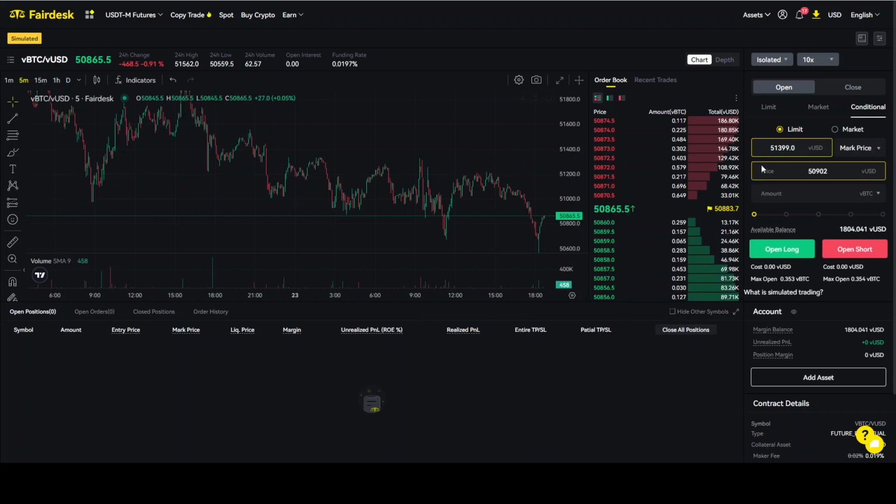Now, if we were going to do a long, I'm not going to trigger this, even though it's a sim. But until price goes here, our order does not trigger. Price has to come above 51399. I don't know why I picked such an annoying number. Price has to come above this trigger price in order to trigger in our long.